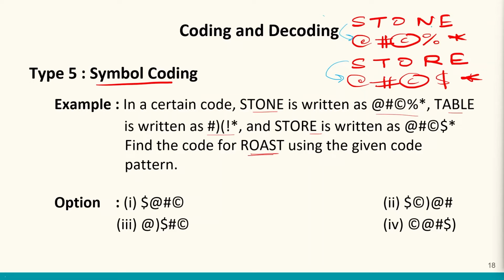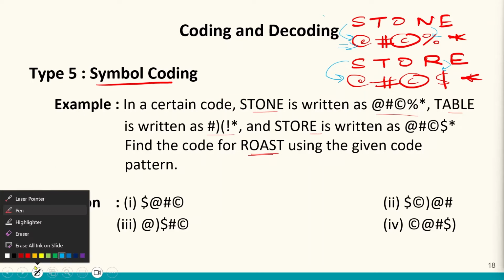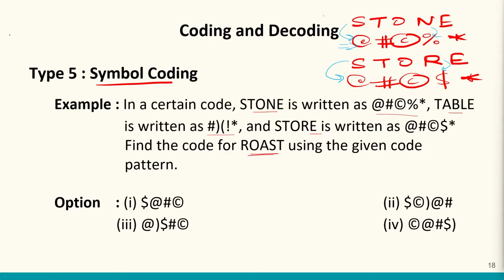So similarly, the code for N will be this and the code for R will be this. In this case, I can clearly see that the coding is not jumbled up. But in certain cases, even the coding is jumbled up, right? But here I can very clearly see the codes for the given words.